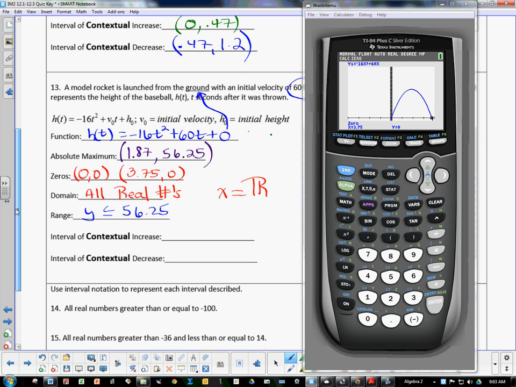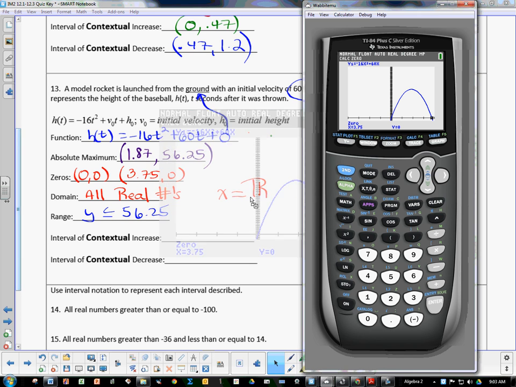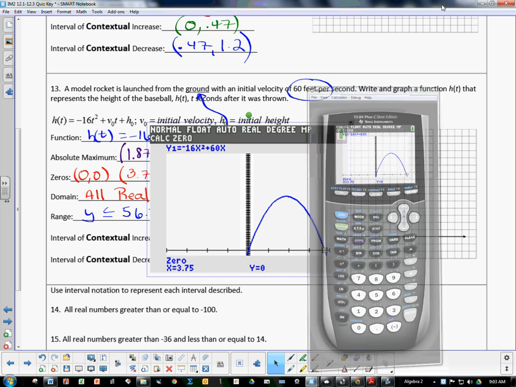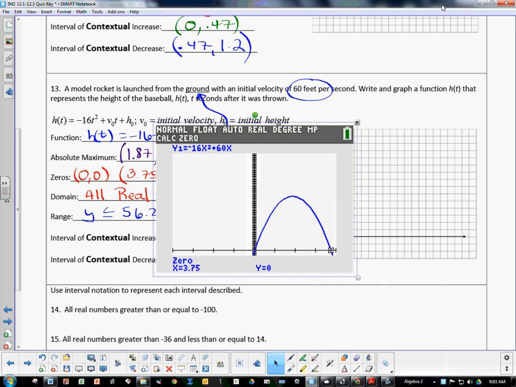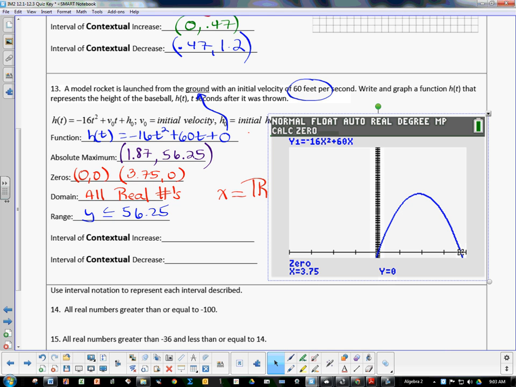Interval of contextual increase. Okay, pull this down here and let's create some space on here for you to see. I'm going to use 2 highlighters. We'll go yellow and green. Get a smaller one, this yellow one. That yellow, would that represent the interval of increase or decrease?